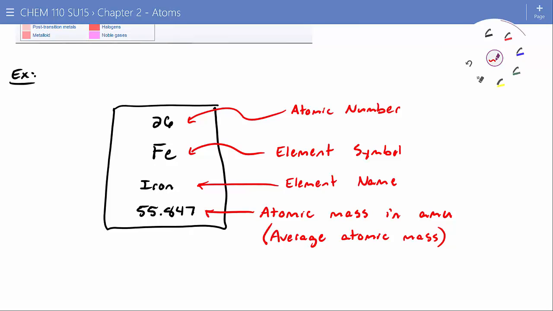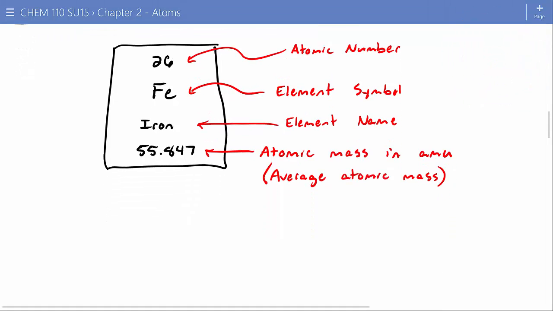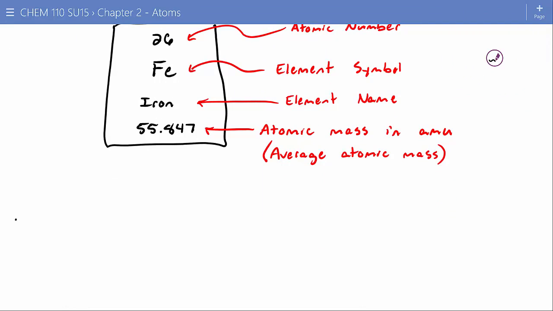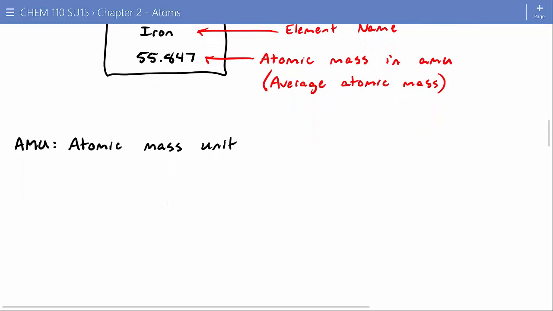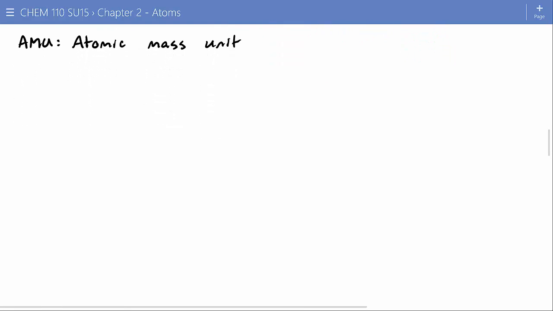So now we need to define what an AMU is. And that is our atomic mass unit. Basically, it defines the weight of an atom.